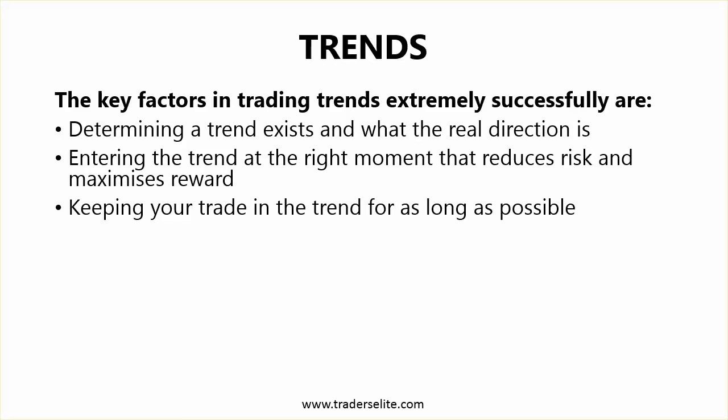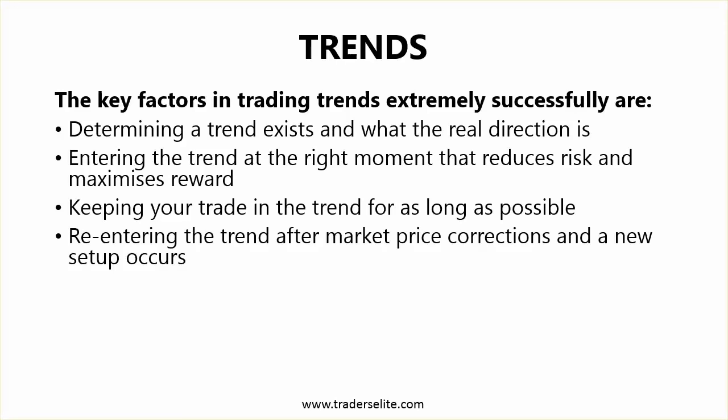Trends, intrinsically, are movements in the marketplace that can last a long time, and therefore I'm a big advocate for trailing trends, and we're going to cover that in a moment because you can extract a lot more pips out of the marketplace as long as you're locking in profits as you go. That's the key. And of course, you can also always re-enter the trend after the market price corrections and a new setup occurs.